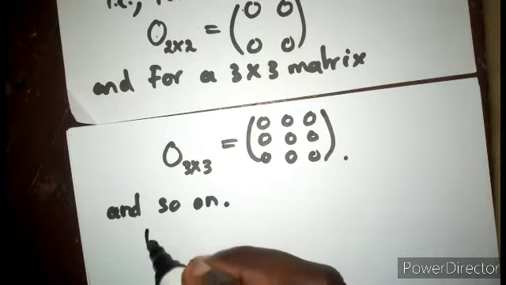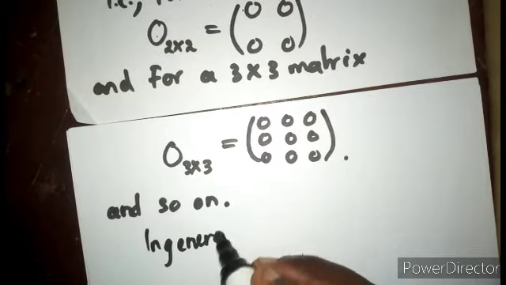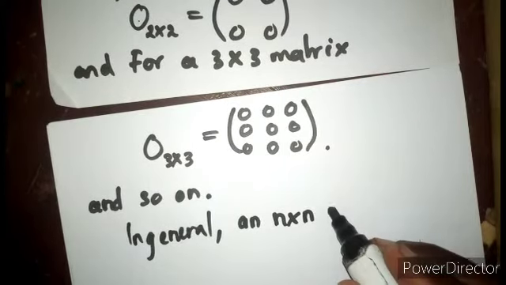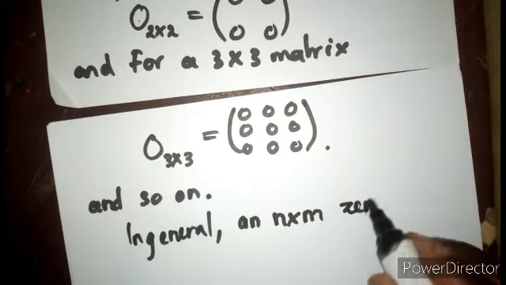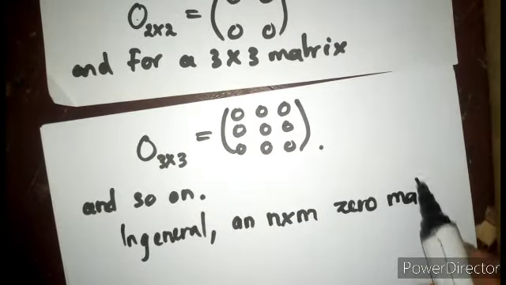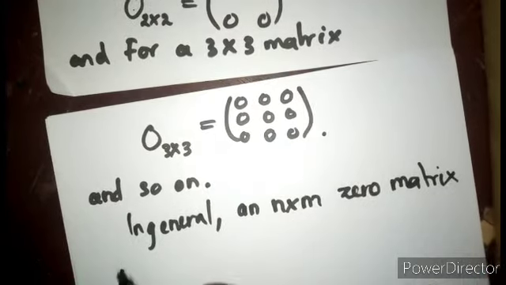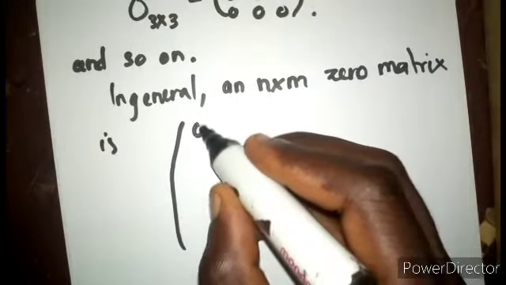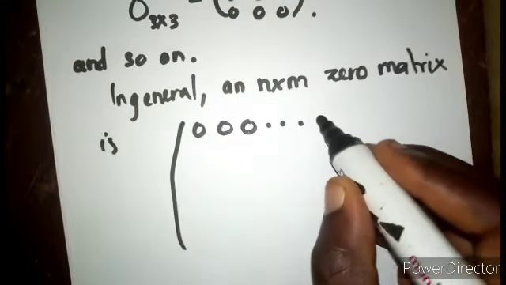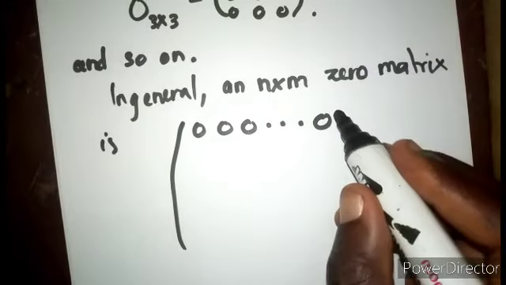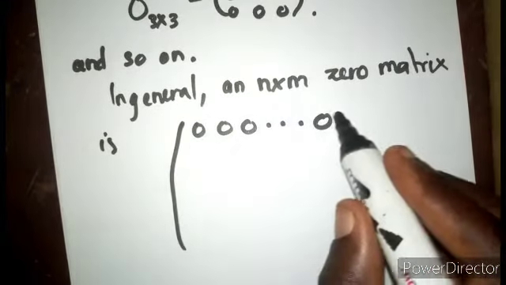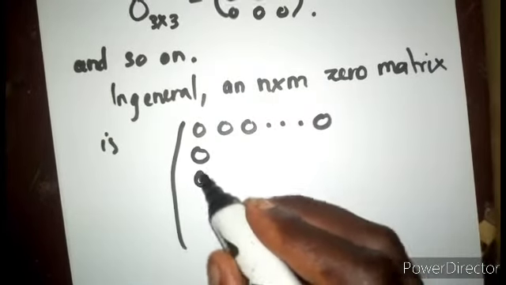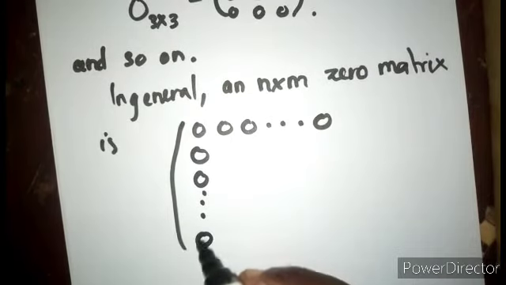So in general, an n by m zero matrix is a matrix with m columns, a total of m columns, and a total of n rows.